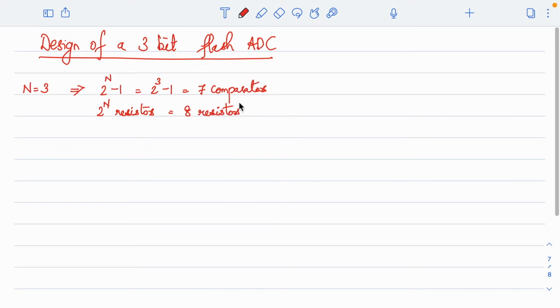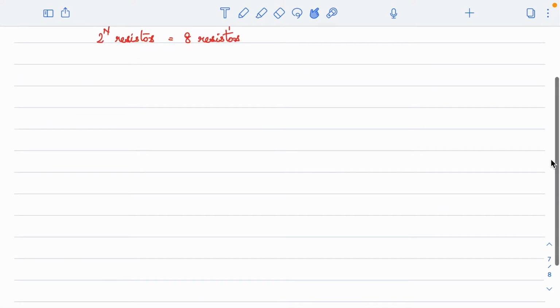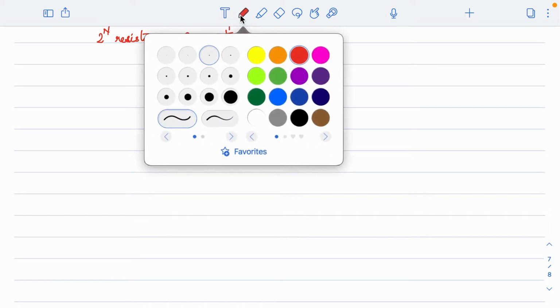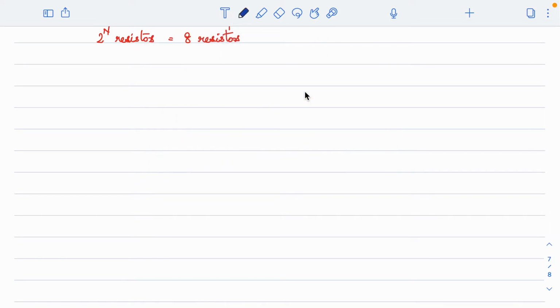So with this in mind, you can go ahead and draw the architecture, right? When you draw the architecture, these things should be kept in mind. From the architecture we have discussed, what we know is we'll have a reference voltage, and the reference voltage will be divided with the help of this resistor string.